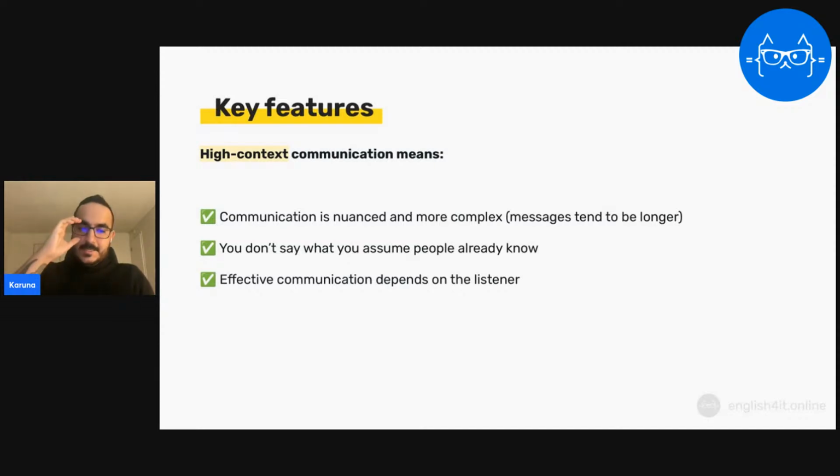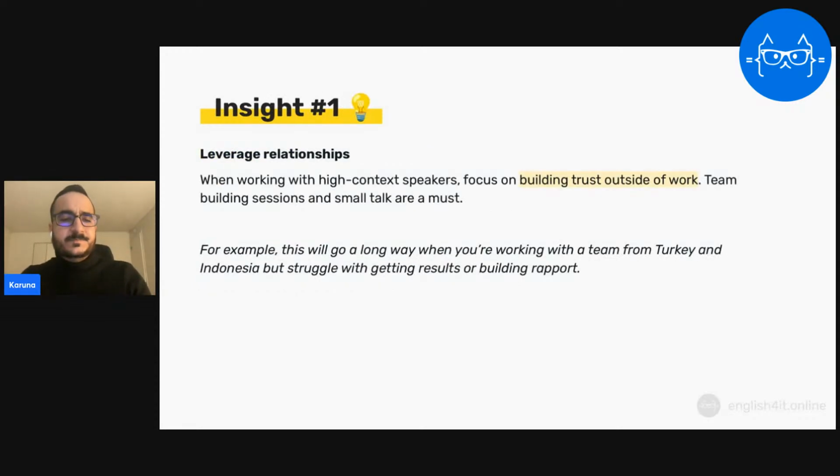So it's dangerous. And effective communication kind of depends on the listener. The listener has to read between the lines, as it were, to understand whether or not what someone is saying corresponds to what they mean, right? So there's a lot of interpretation involved.